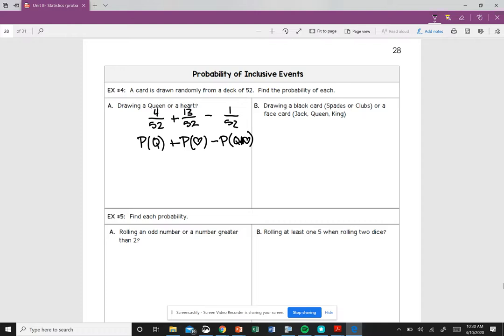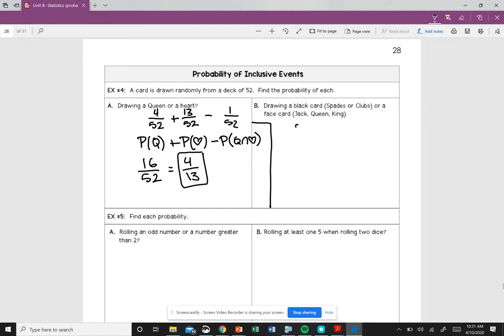So we get 16 out of 52, which is the same thing as 4/13. You can check that with the calculator if you want. I'm not going to do it right now. Okay. And I should really rewrite this. So it says queens intersect hearts.